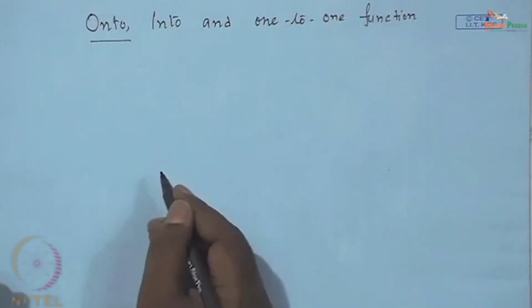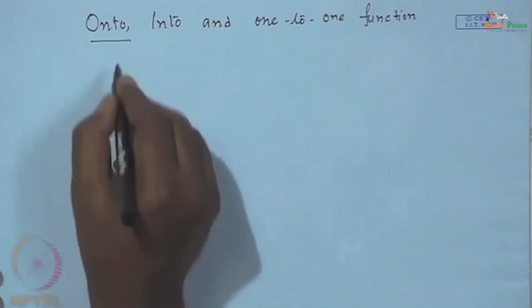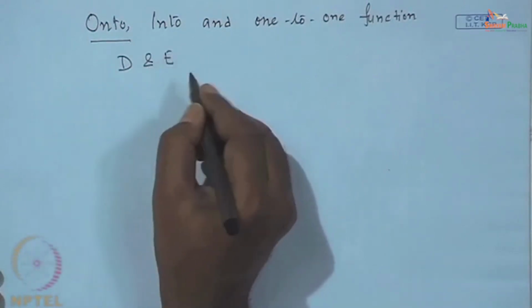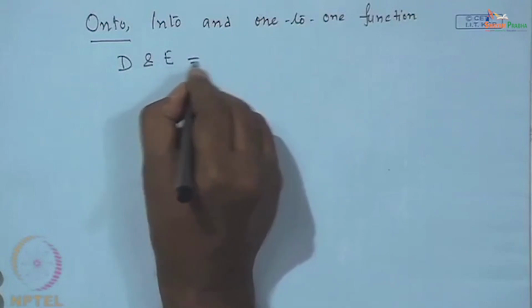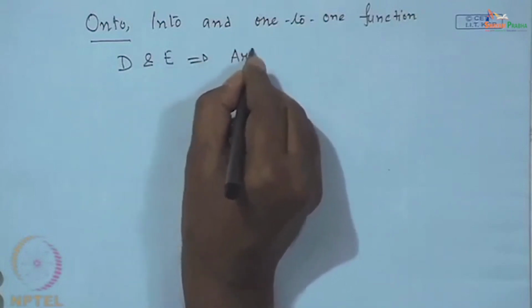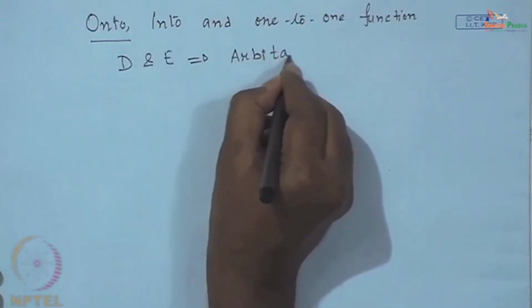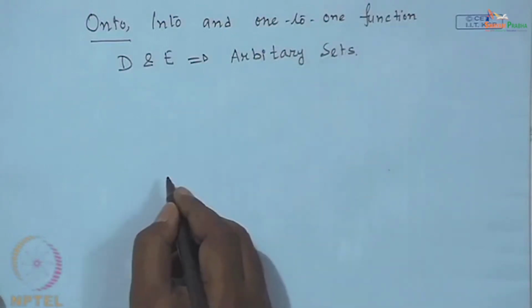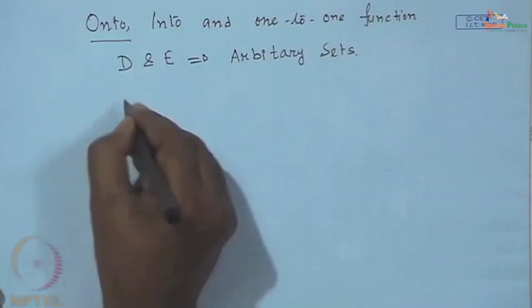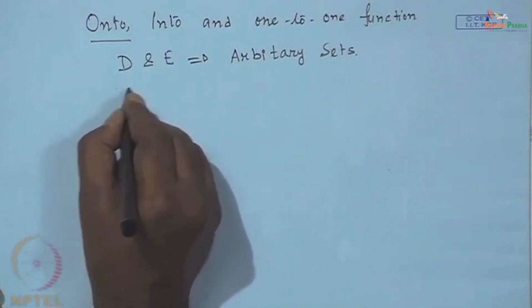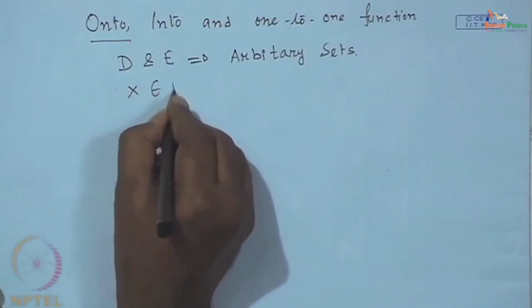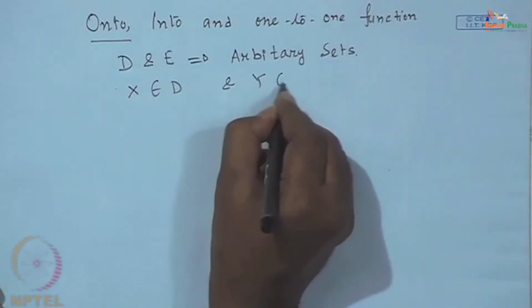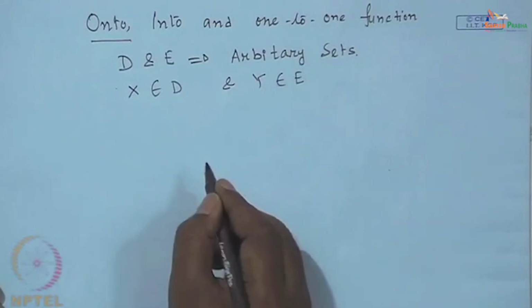Now, we consider there exist two sets. Let us consider two sets D and E. They are arbitrary sets. The element x belongs to the D set, and the element y belongs to the E set.